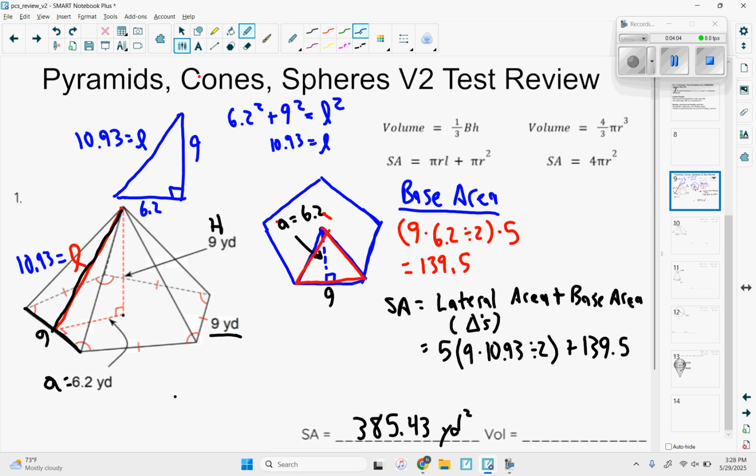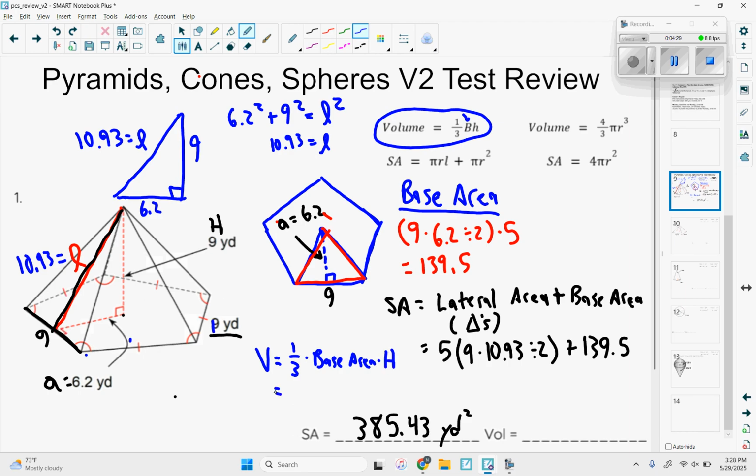All right, let me do volume next. Here we have volume, this formula for pyramids and cones. So it's 1/3 times B, this part, your base area, which we already know, and then H is your true height.